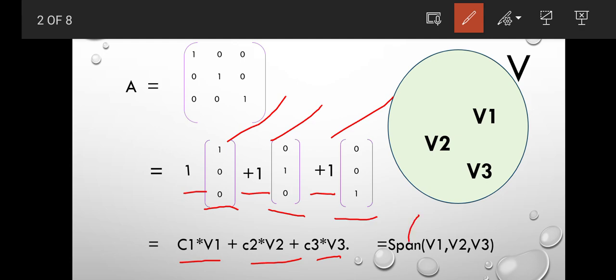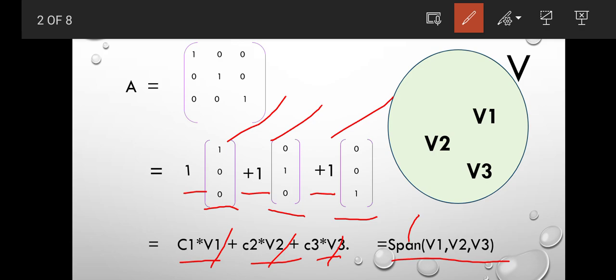Here span means writing a linear combination with the vectors v1, v2, v3. c1 v1 plus c2 v2 plus c3 v3 is a linear combination of the set of vectors v1, v2, v3. So I wrote span of v1, v2, v3.